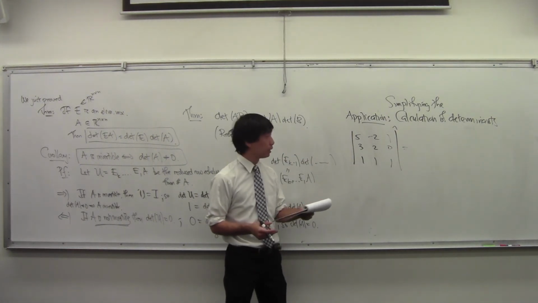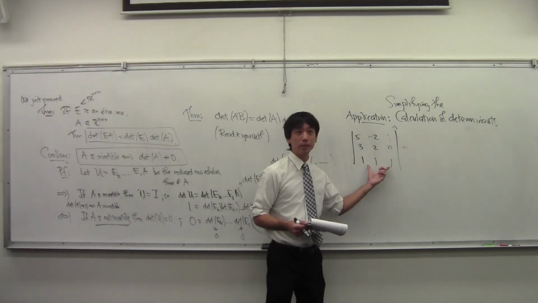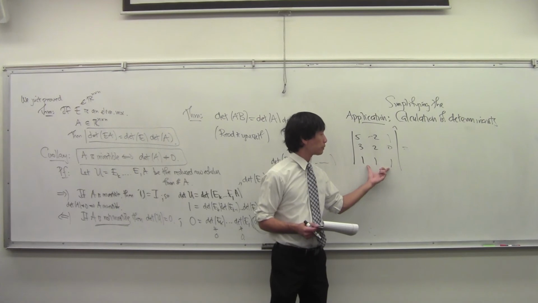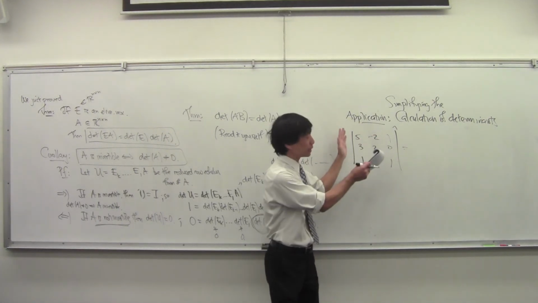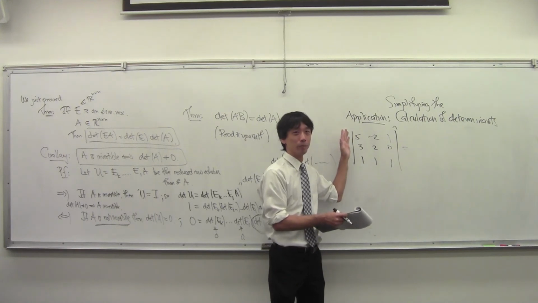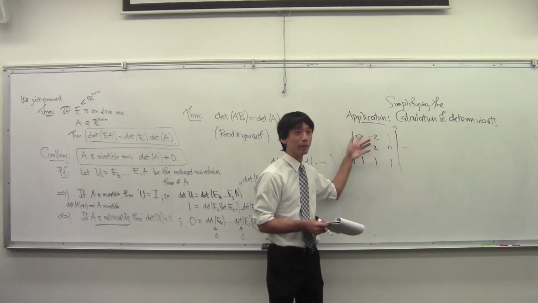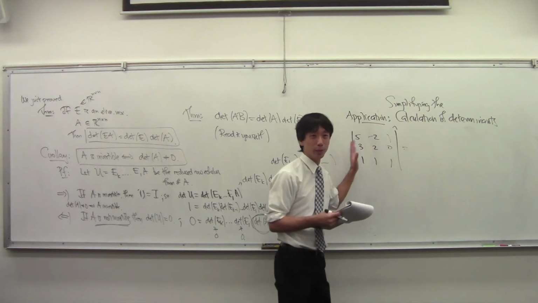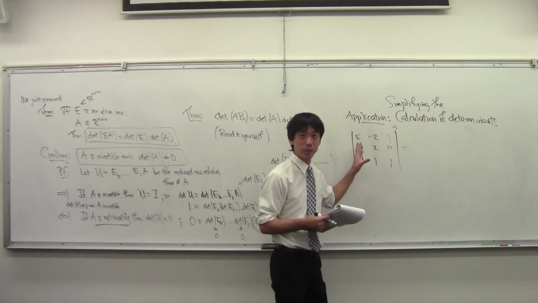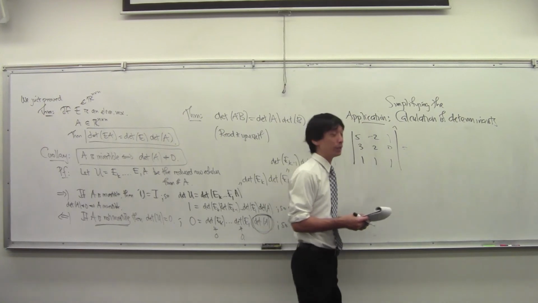So you're given this thing, and you say, well, I'm going to do Gauss. Suppose this matrix is gigantic. Pretend that it's gigantic, even though it's a 3x3. You say, I don't want to do the calculation, so I'm going to simplify it using elementary row operations.